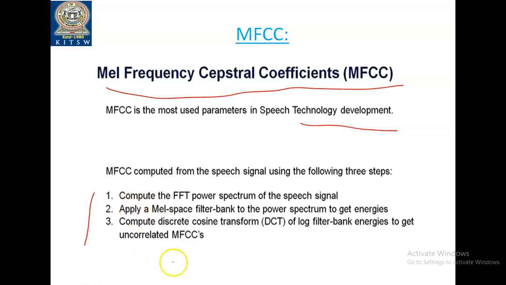Okay, so we need to compute the DCT. There are several transformation techniques, but especially in feature extraction, that too in the Mel frequency cepstral coefficient, we are going to be using the DCT. I will tell you why we are using DCT.